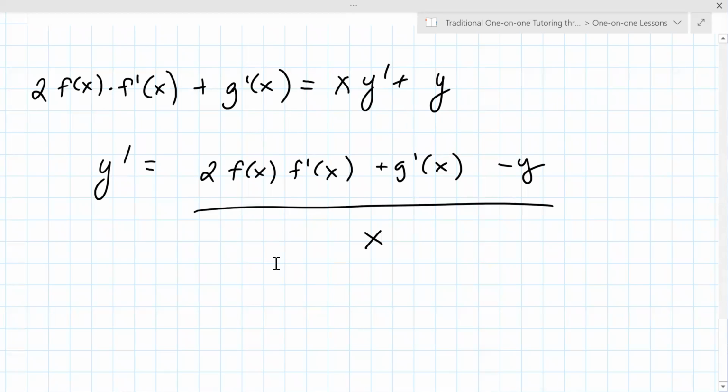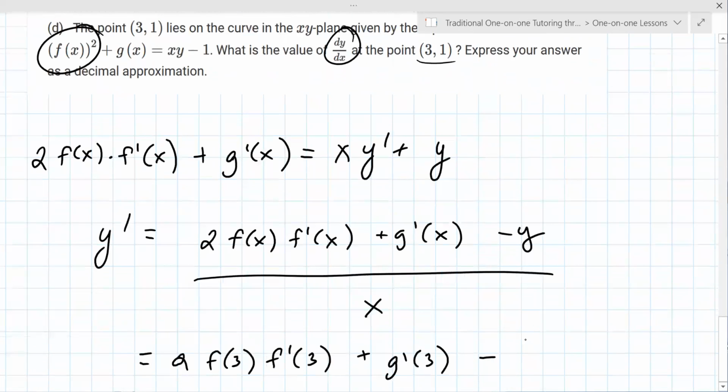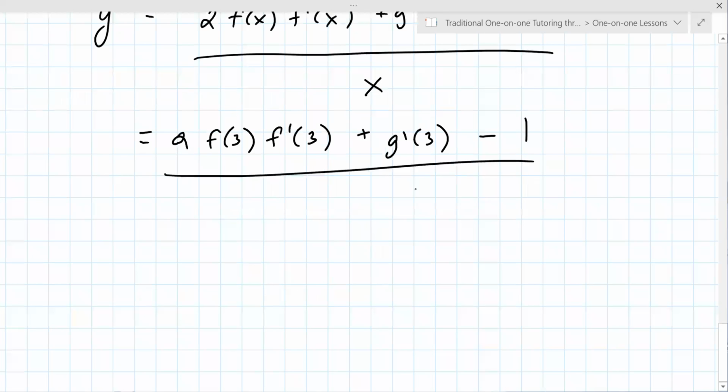So now you plug in the 3 and the 1. X is 3. So this is 2 times f of 3, f prime of 3 plus g prime of 3, minus 1, all over 3. Now we have to look for these values.